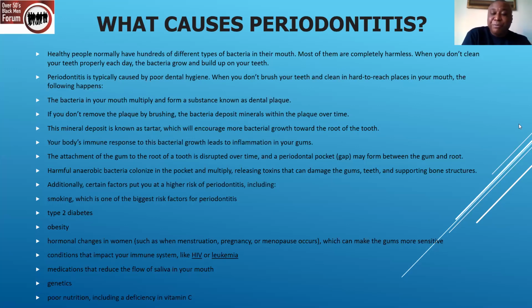It starts off with an inflammation. That's where you get the reddening and the bleeding. And what your body does is an immune response is triggered.